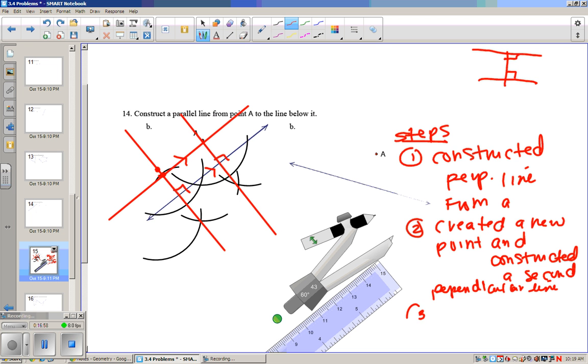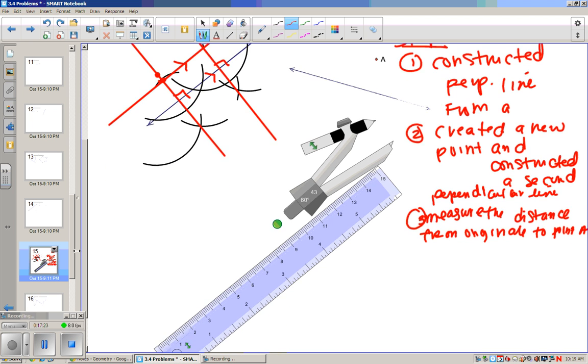And lastly, the key thing is we can't just draw it through that point we picked because we don't know that it's the same distance as from our line to point A. So we have to measure the distance from the original line to point A. And do the same thing on our second perpendicular line, which is where we made that arc.